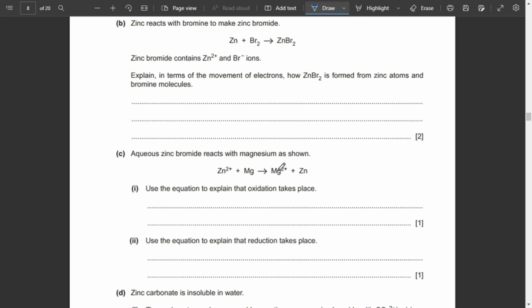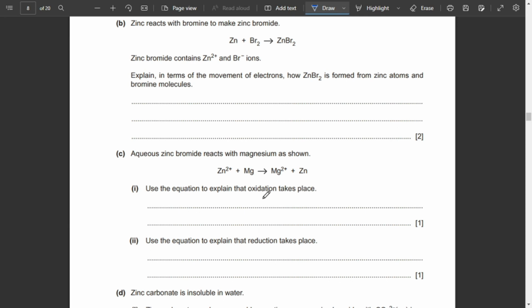Moving on to part C, aqueous zinc bromide reacts with magnesium as shown. Part 1 says use the equation to explain the oxidation that takes place. Okay, explain that oxidation, sorry. Use the equation to explain that oxidation takes place. Alright, so Zn2+ plus Mg gives Mg2+ plus Zn. We need to use this equation, means we need to take elements from this equation and explain that oxidation is happening.